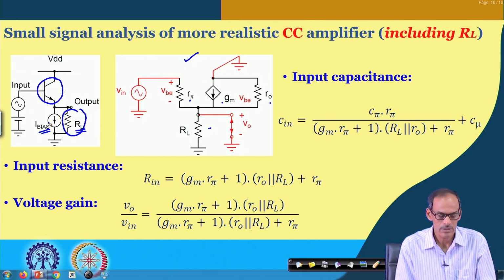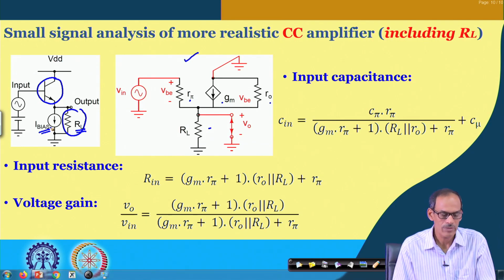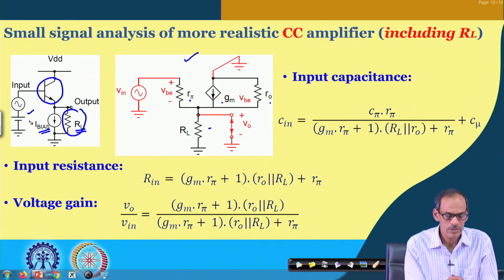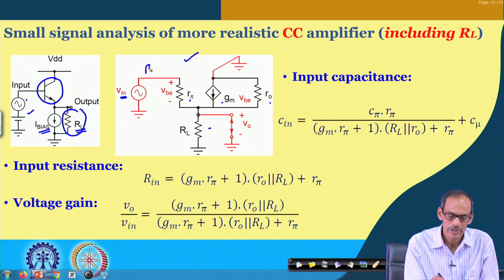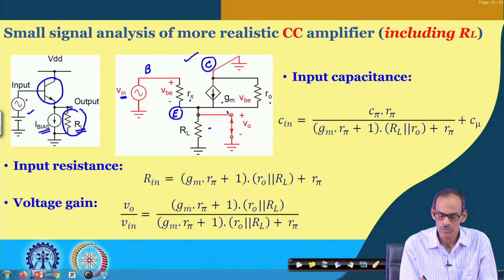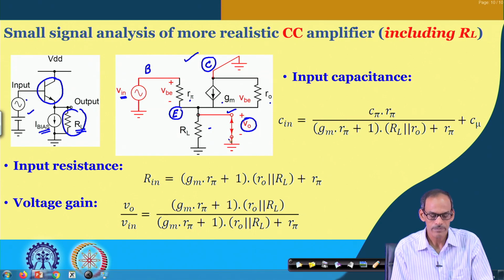The I bias part is 0 in the small signal equivalent circuit, and likewise the DC part is also 0; we have only the signal coming to the base terminal. So we have the base terminal here, the emitter terminal here, and the collector terminal, and this is the output port. The output voltage is VO at the emitter with respect to ground.